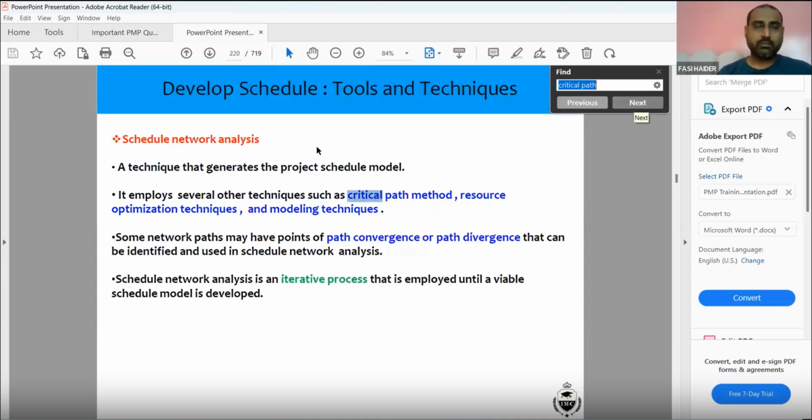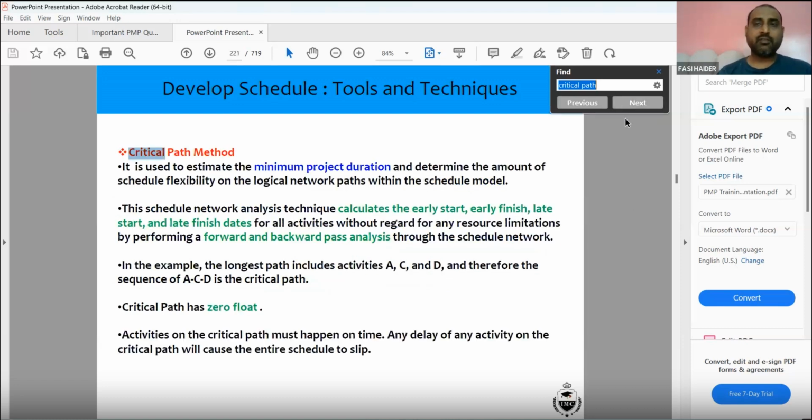In a critical path method, for example, if there are 3 ways to do a job, or 3 timelines by which you can do it. Suppose I have to go from point A to point Z. There are, let us say, 5 different roads.